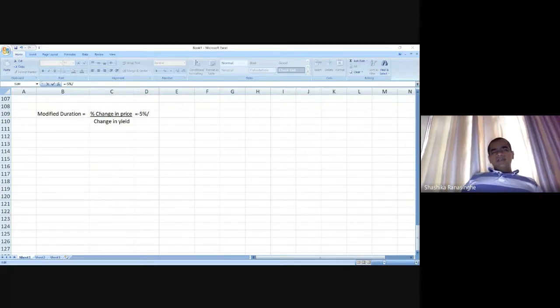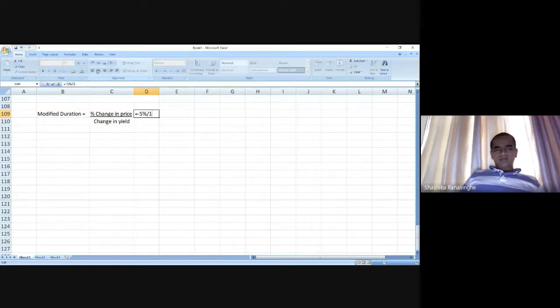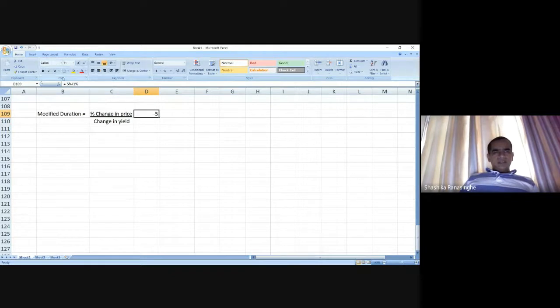Bond yield is rising from 7 to 8%, which means the change in yield is 1%. You will get a duration of 5.